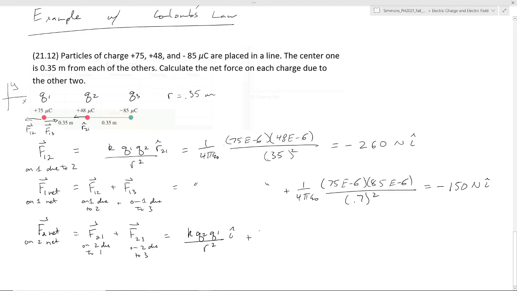And then the force of 3 on 2 is going to be k Q2 Q3, and the distance in this case would just be our regular r.